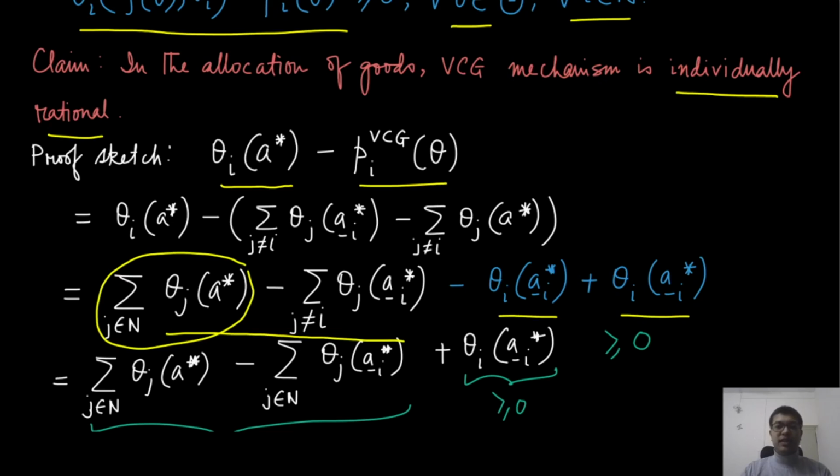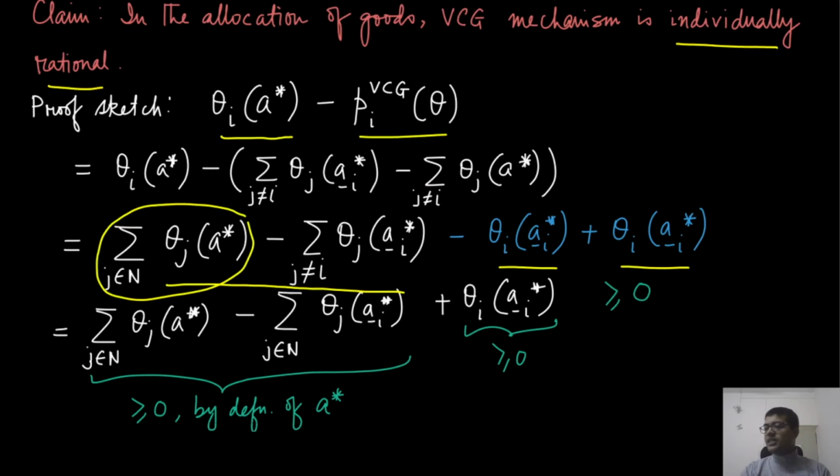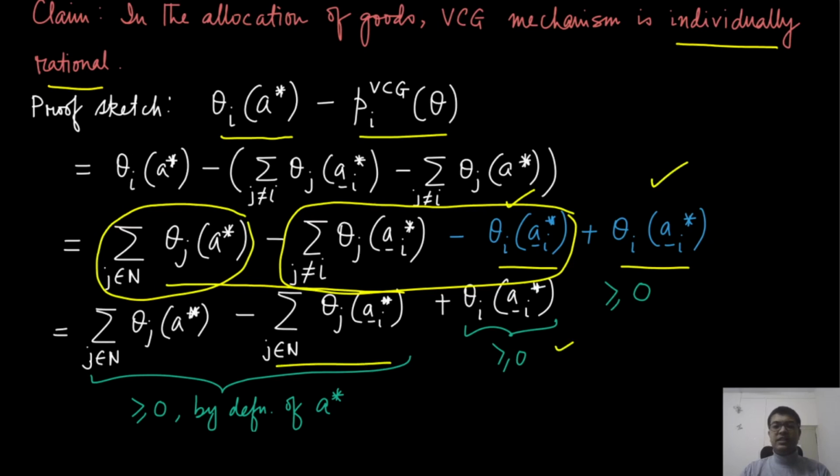So this is the utility of player I when he is not present. So when we look at this term here, we club these two terms together to get this sum here, and the last term is going to be staying separately.